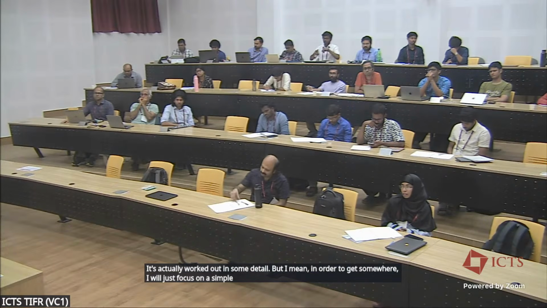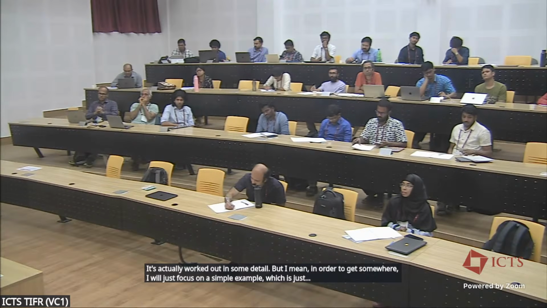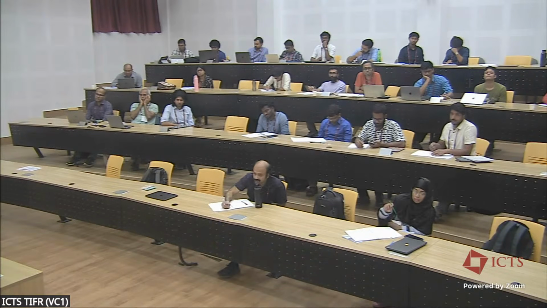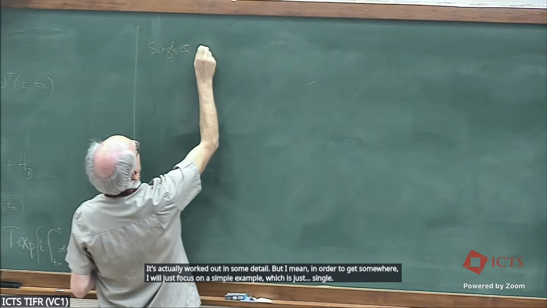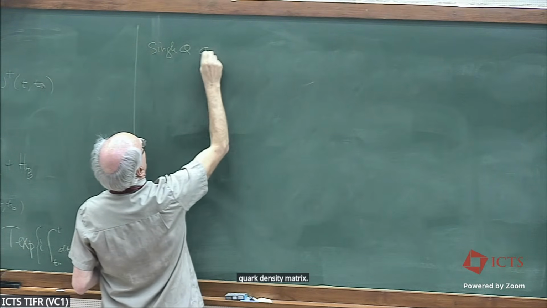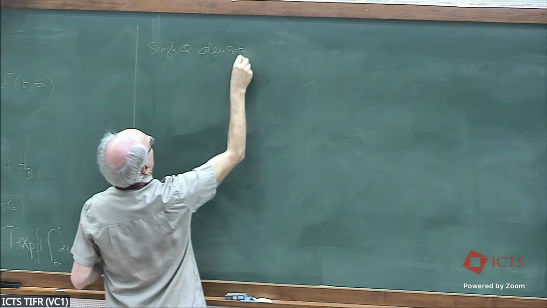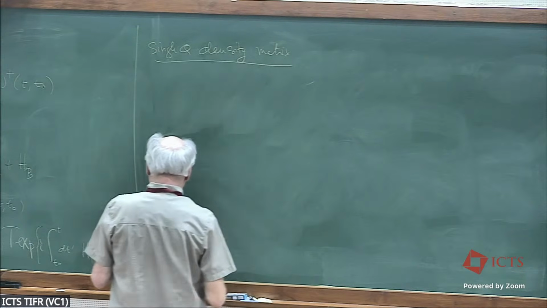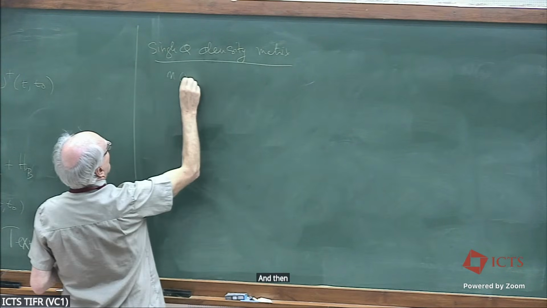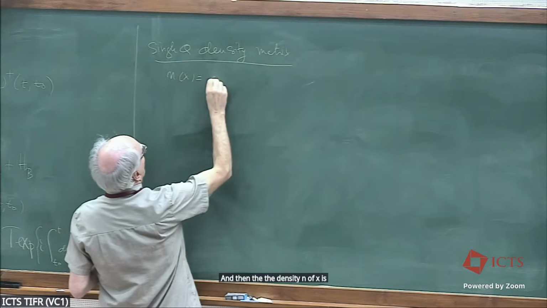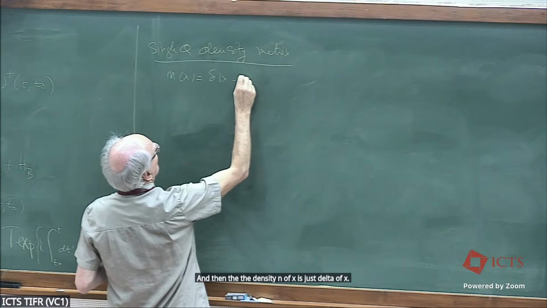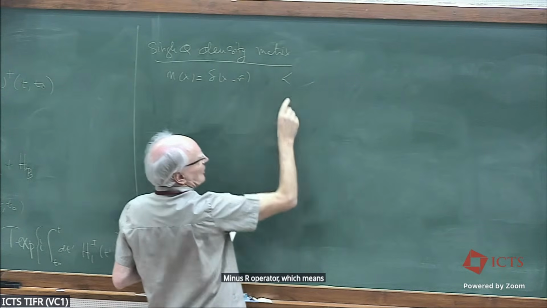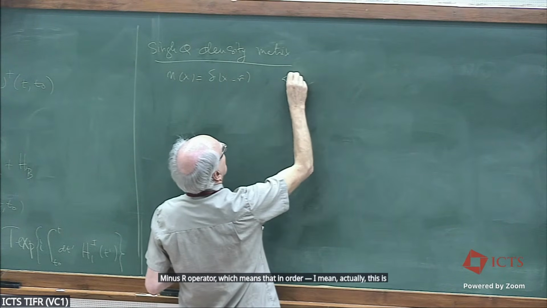But in order to get somewhere, I will just focus on a simple example, which is just the single quark density matrix. Then the density n of x is just delta of x minus r operator, which means that, actually, this is partly answering your question.